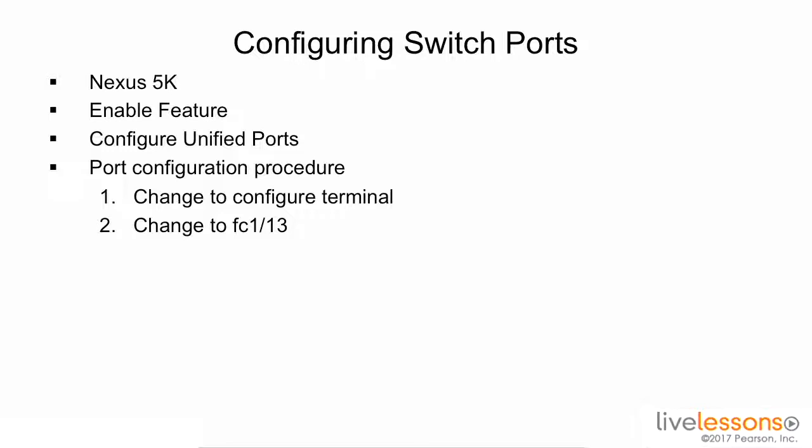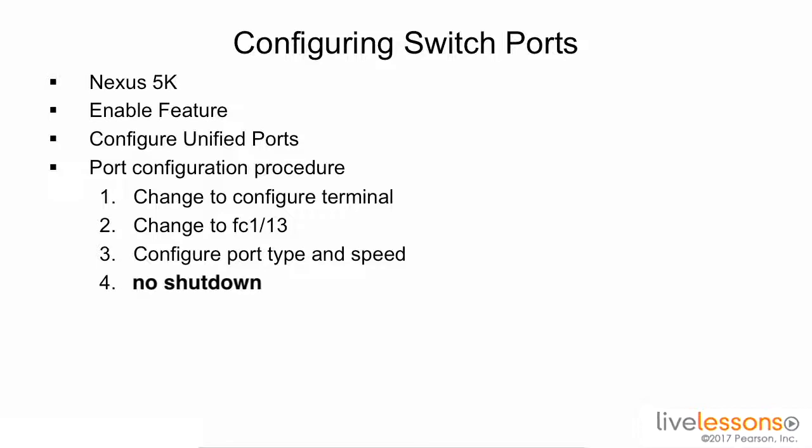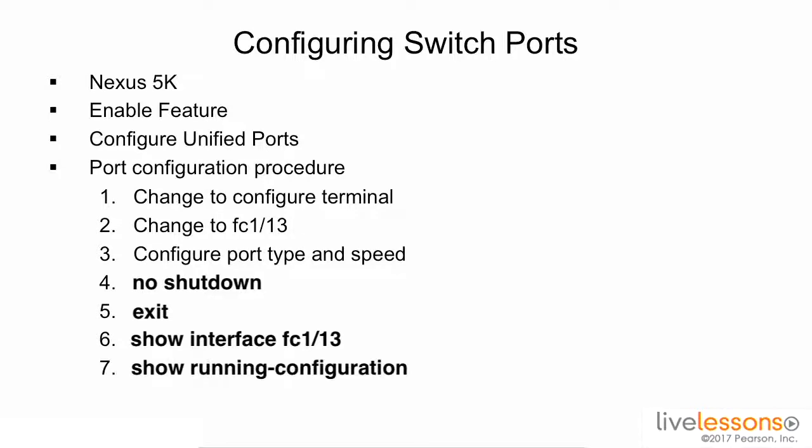We're then going to investigate some of the features that we have as far as port type and speed and hard coding and auto, and then we're going to make sure the port's not shut down. We'll exit out of our configuration, possibly save our configuration, and then look at the different interfaces and make sure that our configurations are correct. We'll then do some other show commands. So let's go ahead and head to the switches.